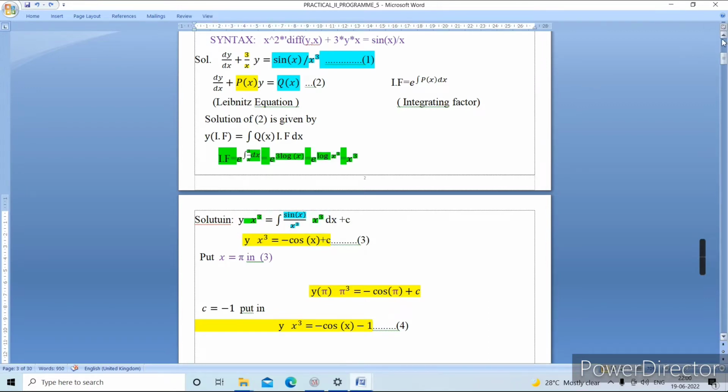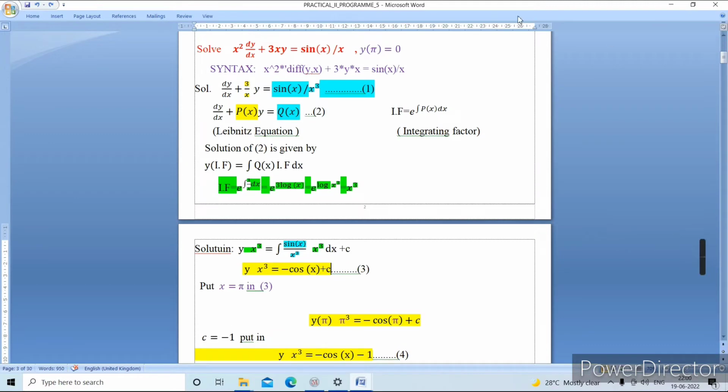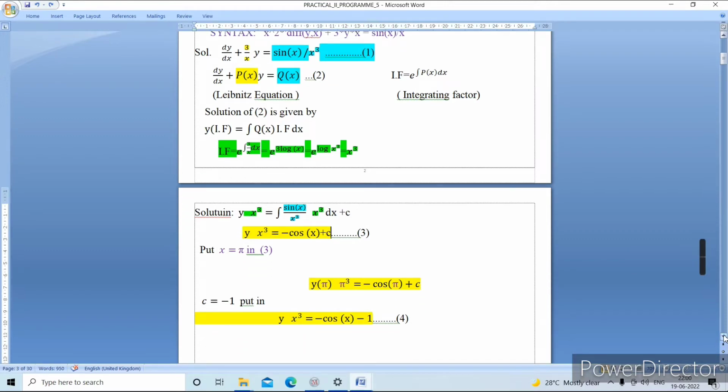You can see it here: y at pi is given as 0. Remember, here the value of the dependent variable when x is pi is given to you as 0.